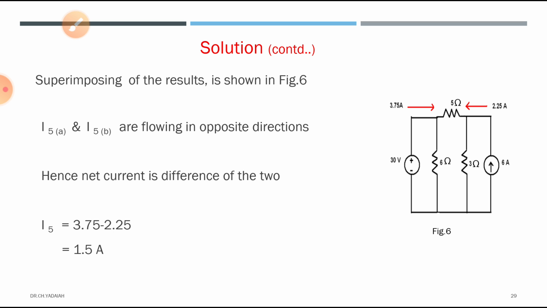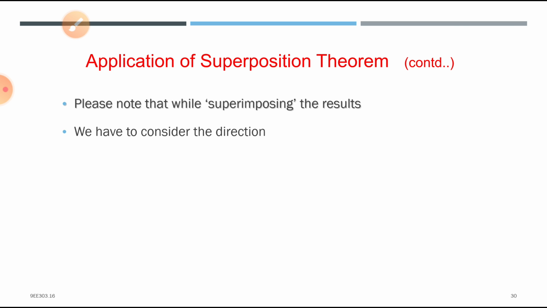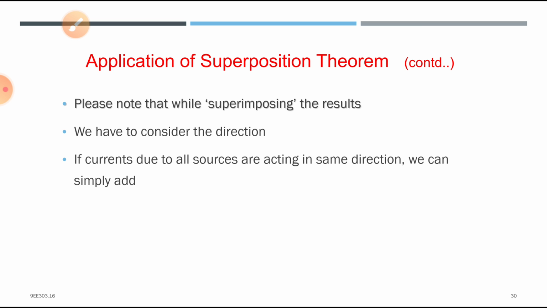Now let us summarize the application of the superposition theorem. Please note that while superimposing the results, we have to consider the direction of the currents in a particular element, whether it is going left to right, right to left, or bottom to top, top to bottom.